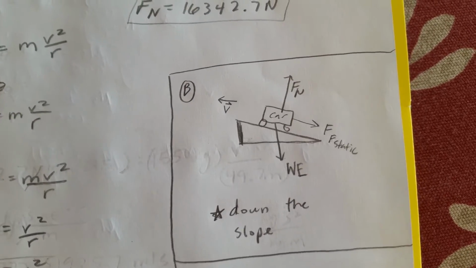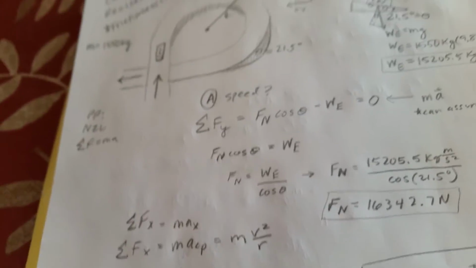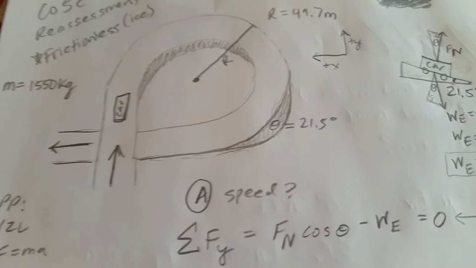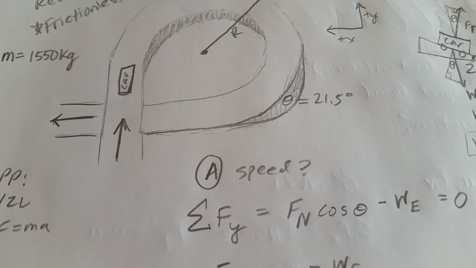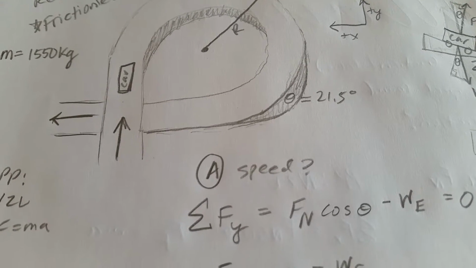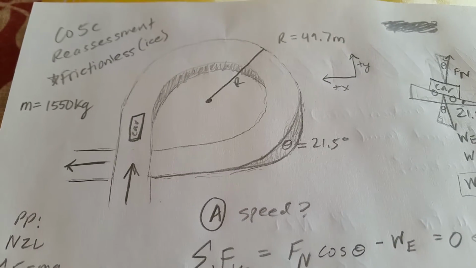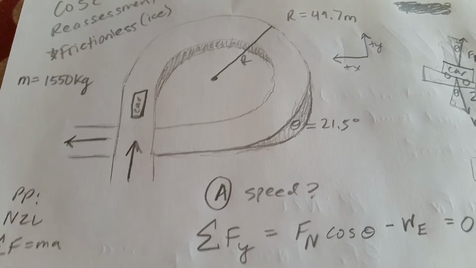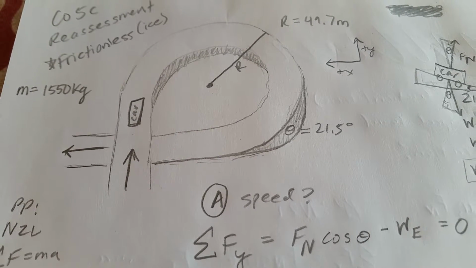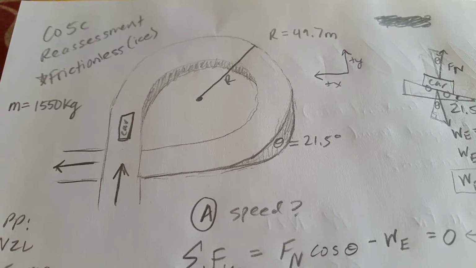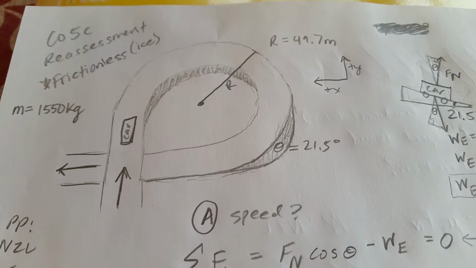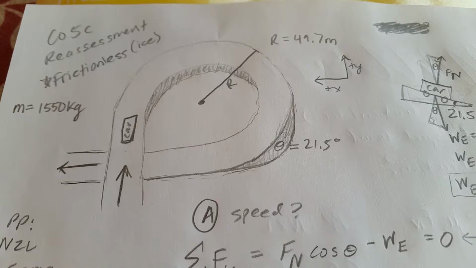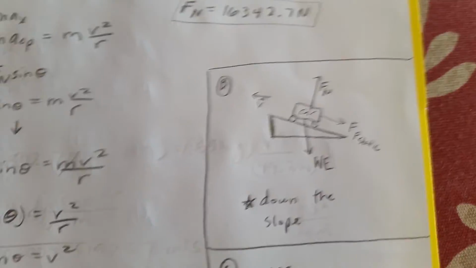Because without friction in the first part, if you were to go more than 13.9 meters per second or less than that, you would either go off the ramp if you were to go faster, or you would fall into the middle of the ramp if you were going slower than 13.9 meters per second.